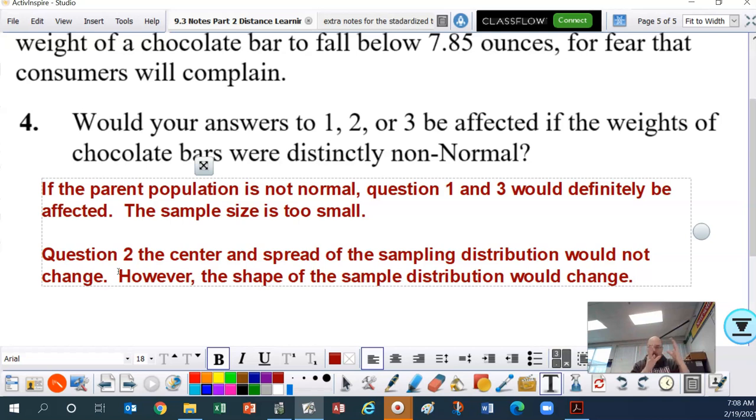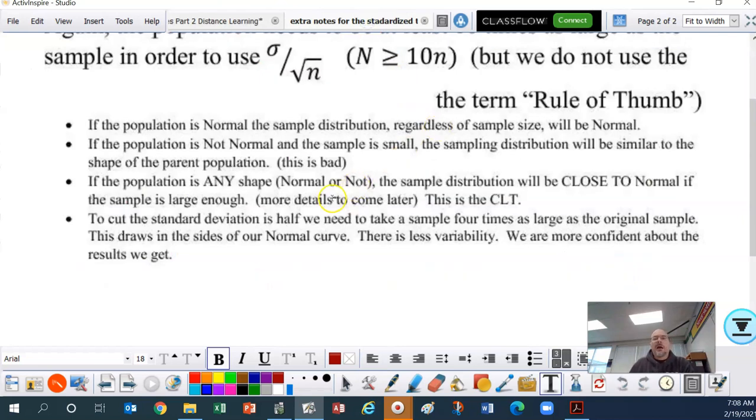Because again, if it's not normal and it's really small, you don't know what your shape's really going to look like. It's going to match more of the parent function. Okay, let me see if I have that on these extra notes. Nope, I don't have that on there. Okay, but I think I talked about it in the last video.